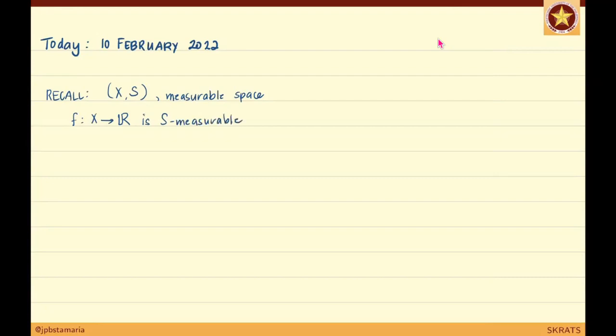So this is the term, if the condition is that the inverse image of B must remain in S, or must be S measurable, for every, ano ba yung B na yan? Borel subset B of the real number line.